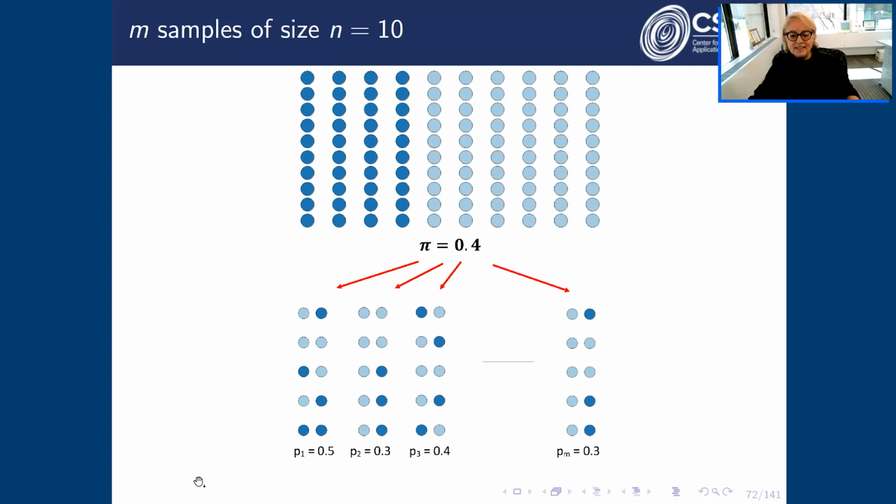So let's suppose I take a bunch of samples. I take little m samples, and in each one of those, I compute p. In the first one, which is the sample I got to begin with, I had a p of 0.5, the second one 0.3, the third 0.4, and so on and so forth. Let's suppose that in the mth sample, I had a p of 0.3.